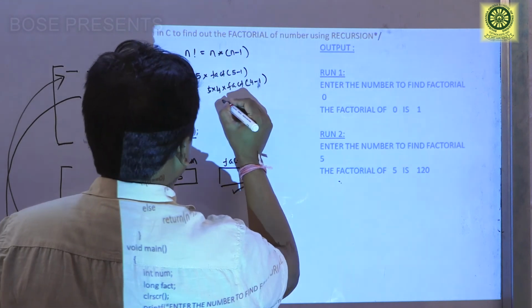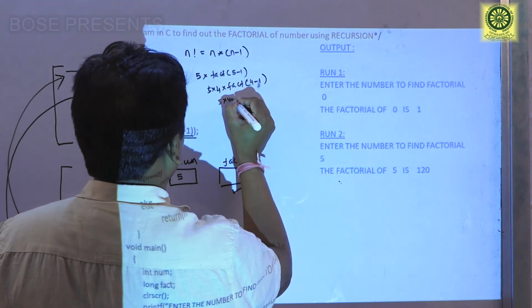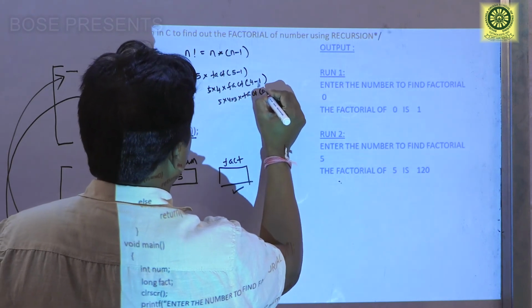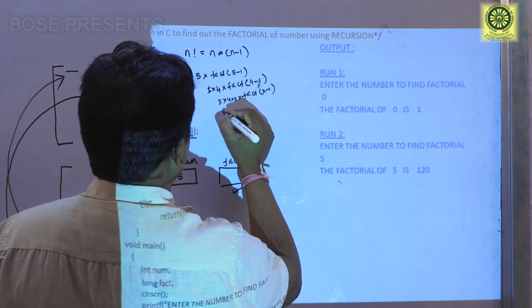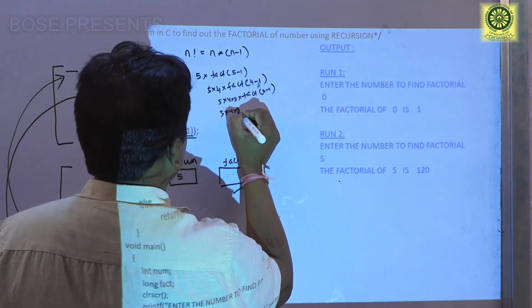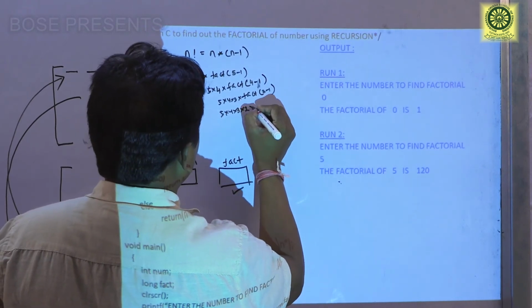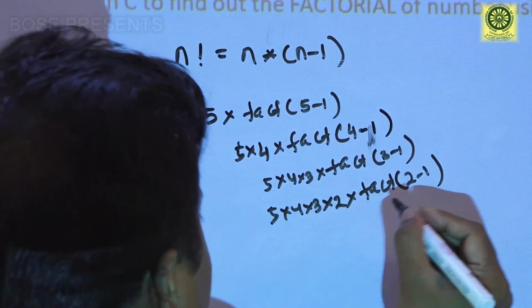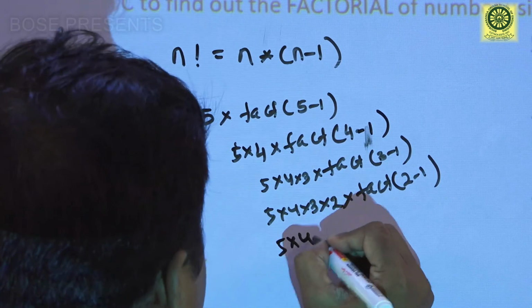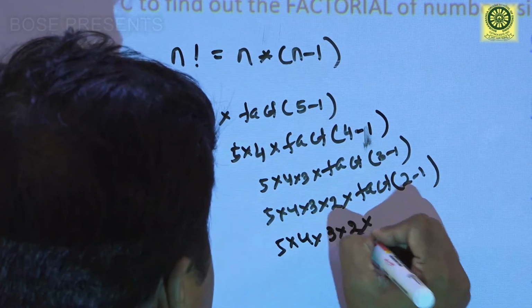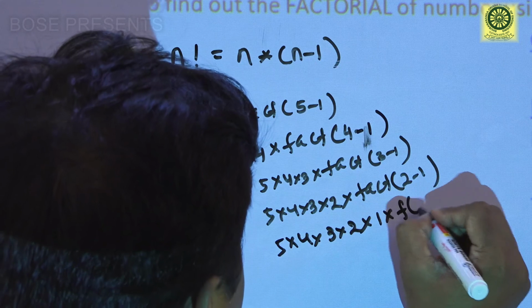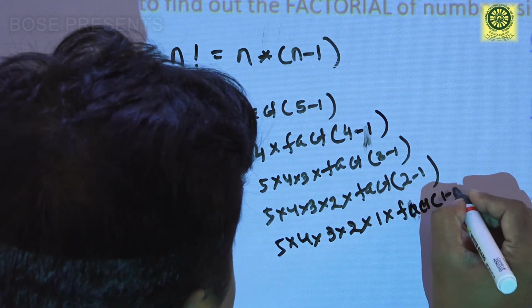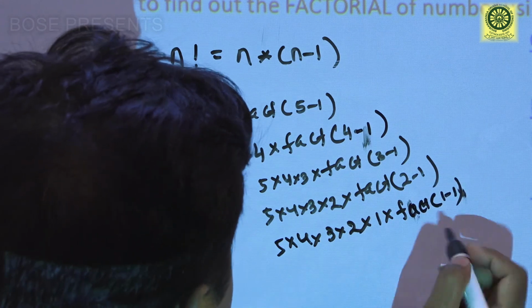Then next 5 into 4 into 3 into fact of 3 minus 1. Then 5 into 4 into 3 into 2 into fact of 2 minus 1. And in the last, 5 into 4 into 3 into 2 into 1 into fact of 1 minus 1, which is 0.